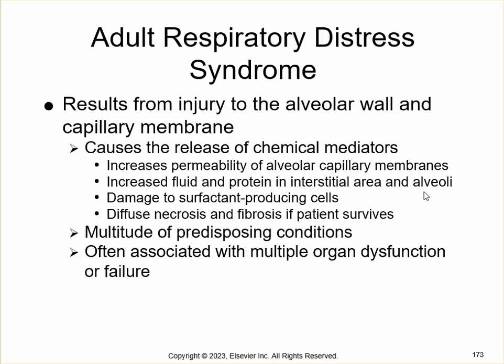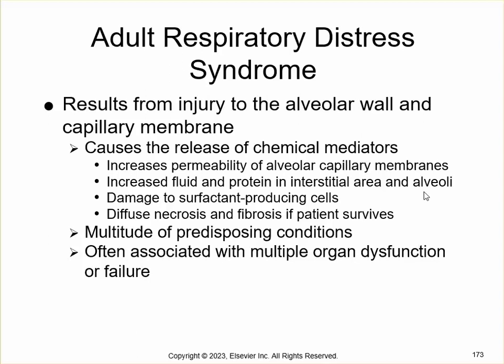Adult respiratory distress is got something to do with injury to the alveolar wall or the capillary membrane. So the respiratory membrane is the alveolar wall, the type 1 cells, and the squamous epithelial endothelial cell of the capillary. So if there's injury there, you get chemical mediators, it's inflammation.